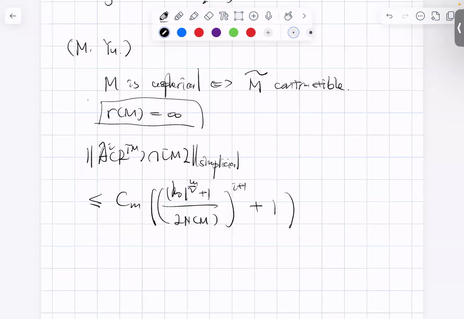You can always bound the dimension by that quantity. That boils down to Moser iteration. But usually that ratio is a dimensional constant times that ratio. But here you have a +1.